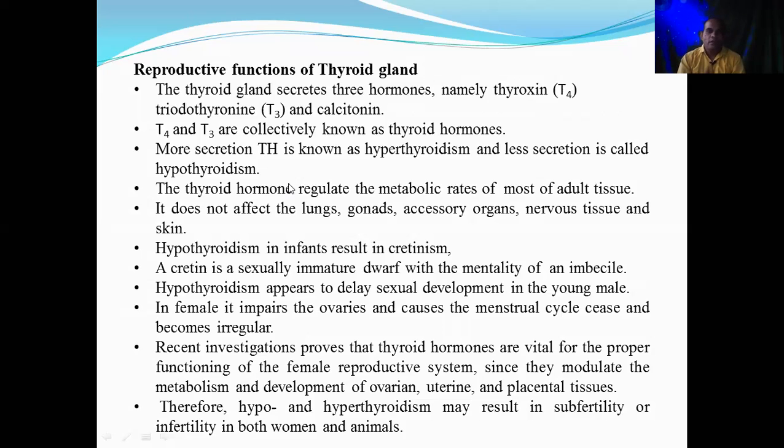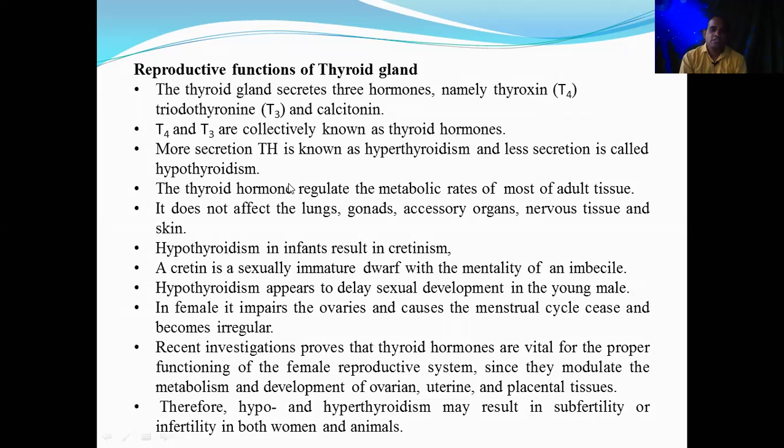Hypothyroidism in infants results in cretinism. A cretin is a sexually immature dwarf with the mentality of an imbecile. Hypothyroidism appears to delay sexual development in the young male. In females, it impairs the ovaries and causes the menstrual cycle to change and become irregular.